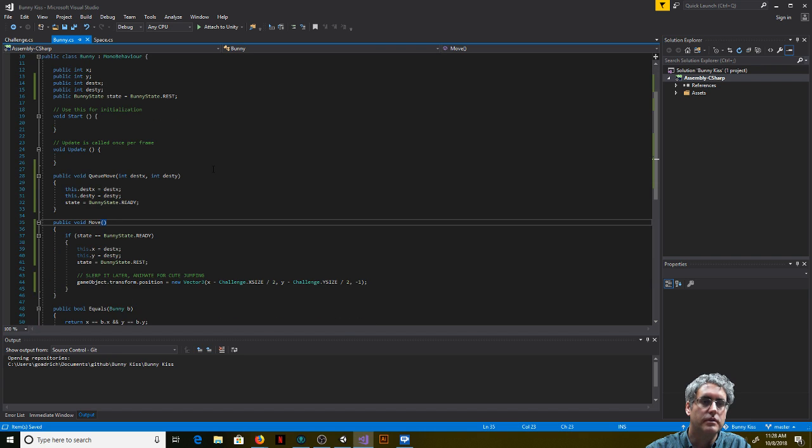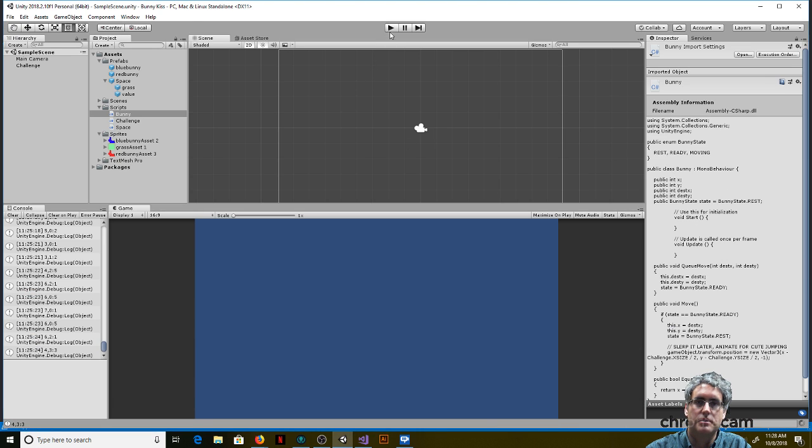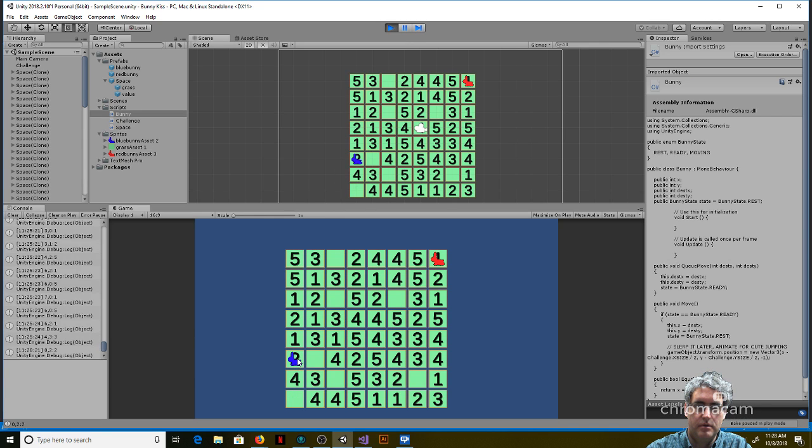We can get to moving here soon. Just double check again. We can move people. 1, 2, ooh, there goes a bunny. Look at that bunny moving. There we go, come on. 1, 2, 3, 4, 5. 1, 2, 3, 4. 1, 2, 3.